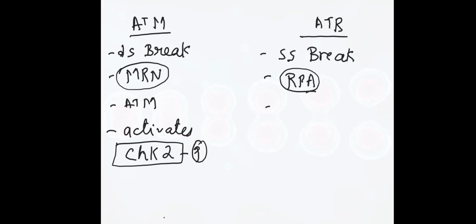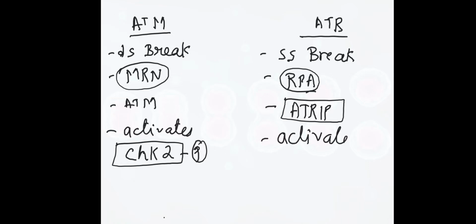And there is another molecule, that is ATRIP, ATR interacting protein. This ATR interacting protein binds with the RPA and single-stranded DNA complex, and will recruit ATR to the single-stranded DNA, and that activates CHK1 by phosphorylating it.